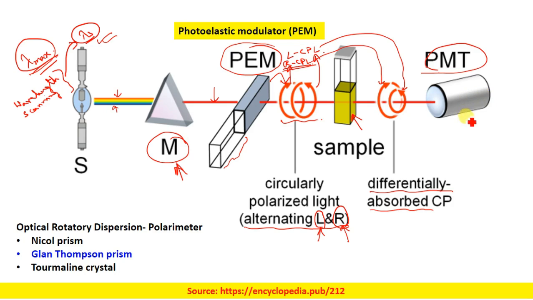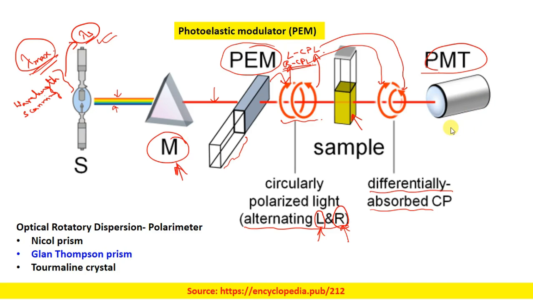It will also control the PMT, and whatever signal is recorded by the PMT will be stored as the absorption for the LCPL, and then when the modulator generates RCPL, it will be recorded as the RCPL.